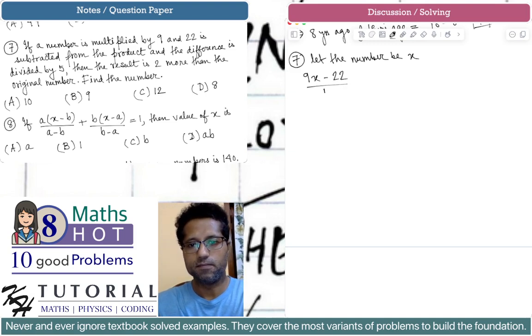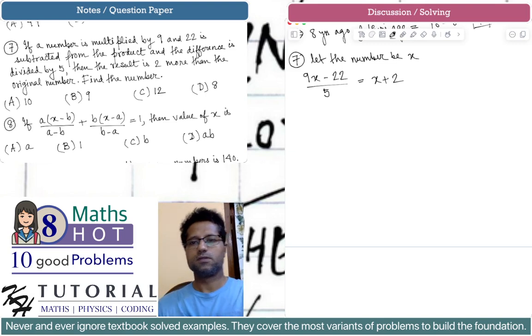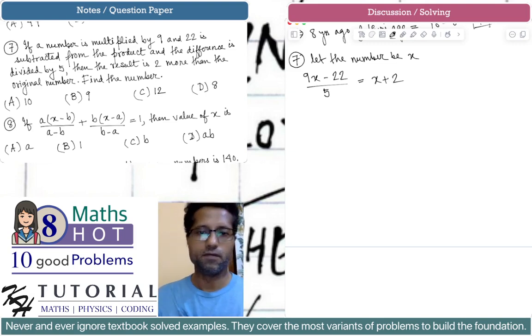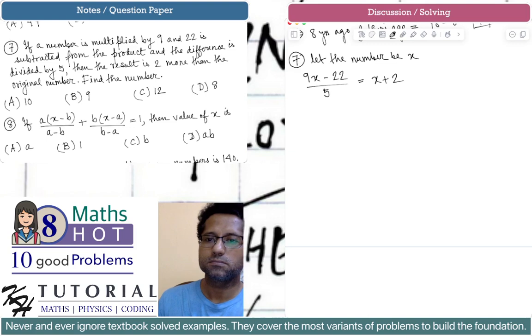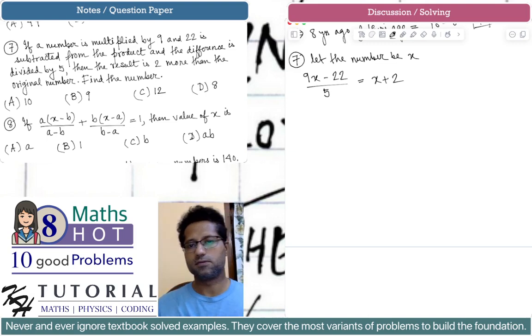Then the result, that is this whole expression, 9x minus 22 divided by 5, is 2 more than the original number, that is x plus 2. So this is the equation we got from the given information. We have to solve for this.